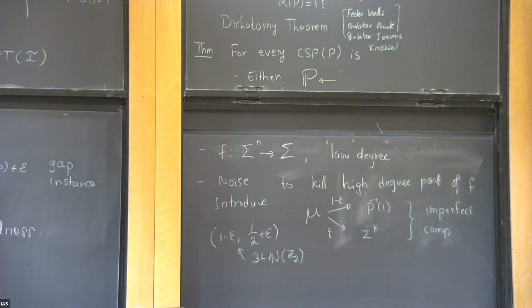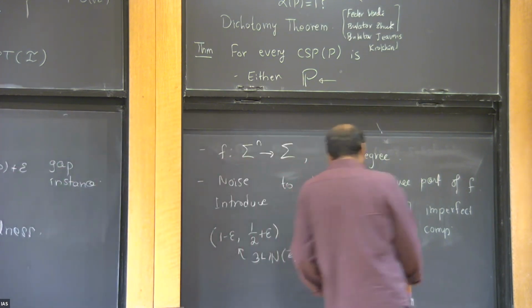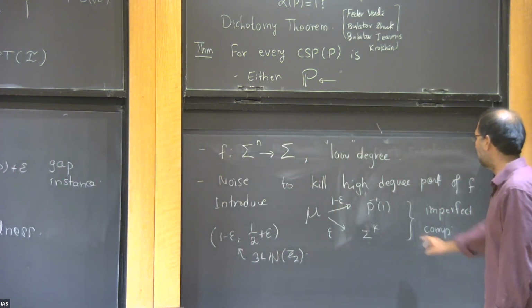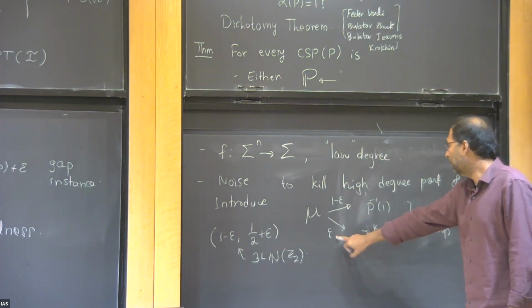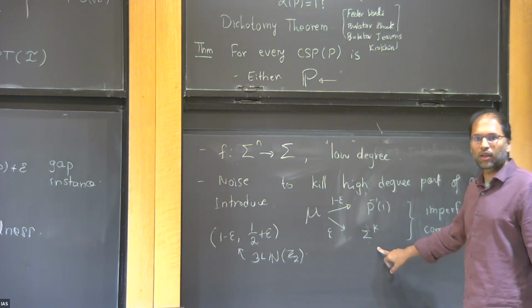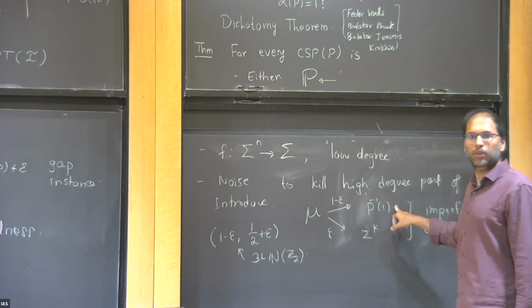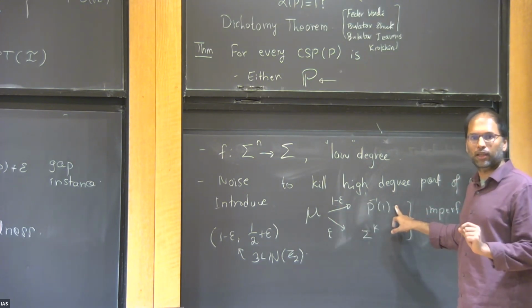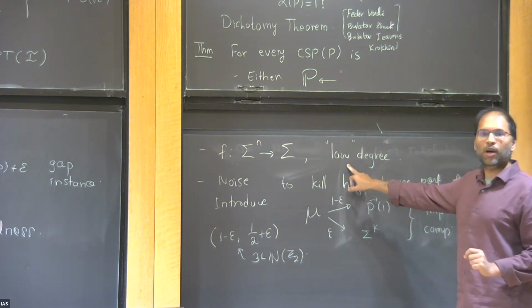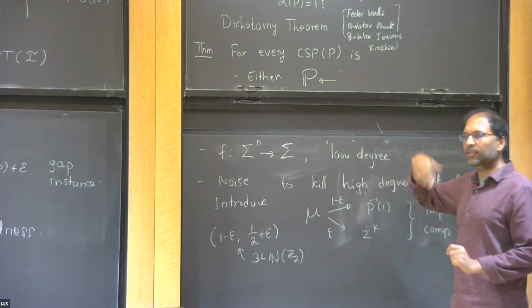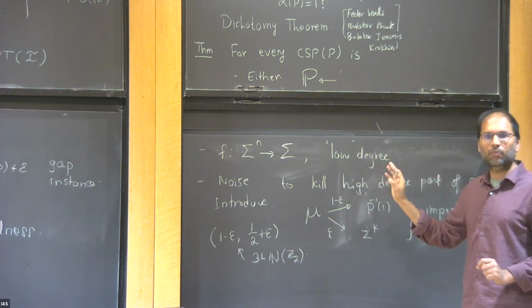Okay. And now, since we are insisting on characterizations on fully satisfiable instances, the main issue, at least at a technical level, is that we cannot have noise. Our distributions have to be supported purely on satisfying assignments. And still, we would like to somehow say that I don't really have to care about the high degree part of the functions.